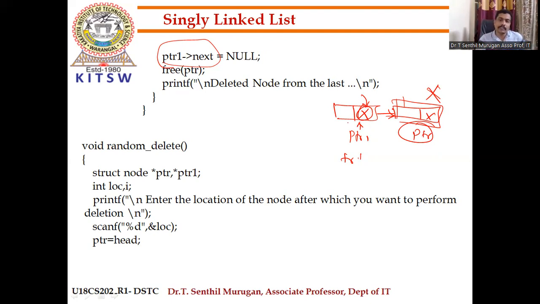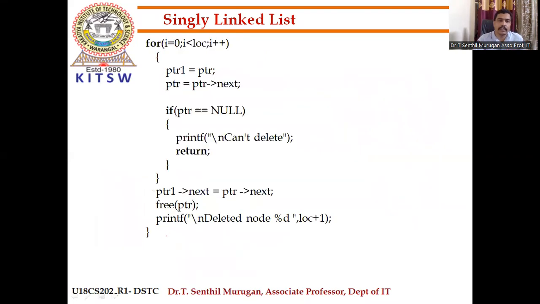In the case of random delete, we have to follow the same approach, but we move up to a location. Previously we moved up to the null pointer and then removed. Here we have to move up to the location. Initially the pointer is at head, and we move that pointer and pointer 1. Pointer 1 is pointing to the current location, and PTR is pointing to the next node. If PTR is equal to null, you can't delete here, because we have a separate procedure for deleting the last node.